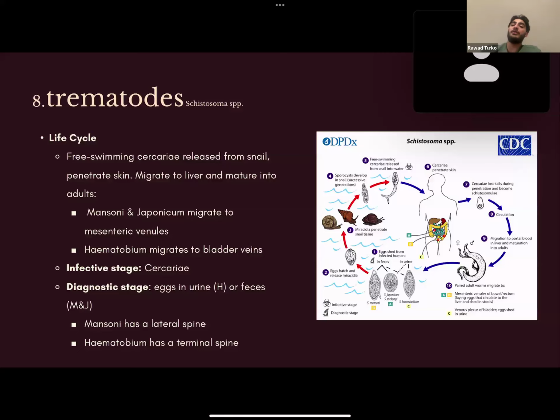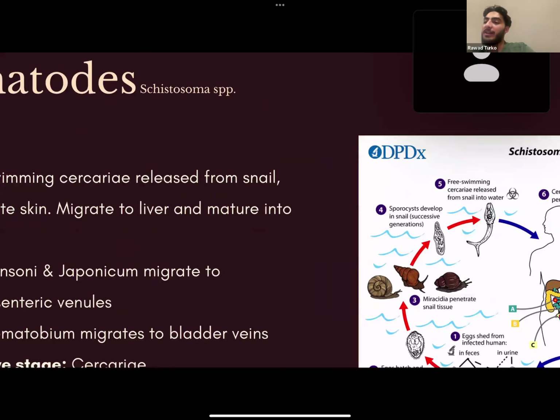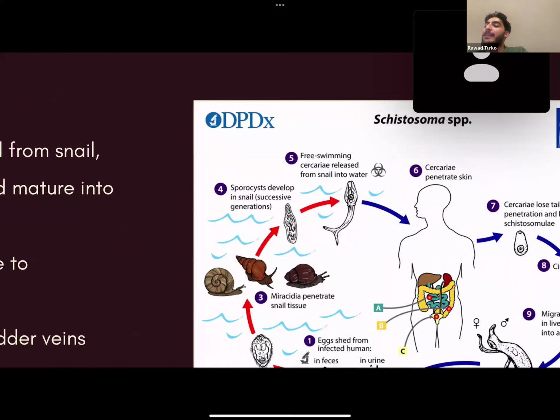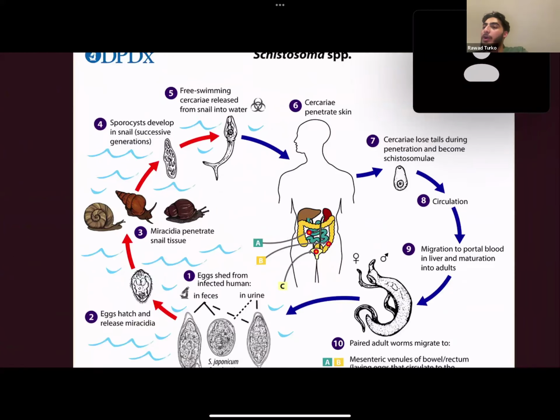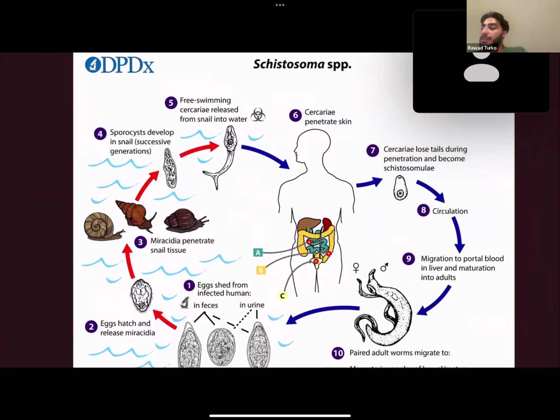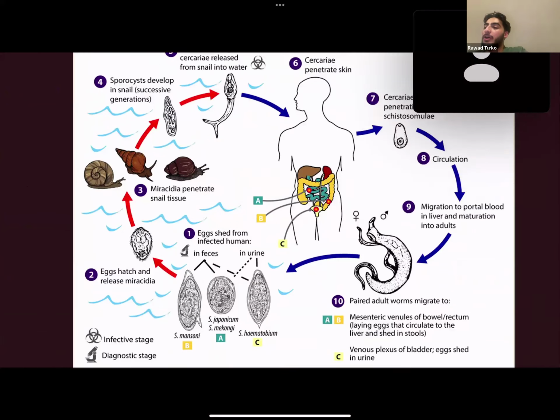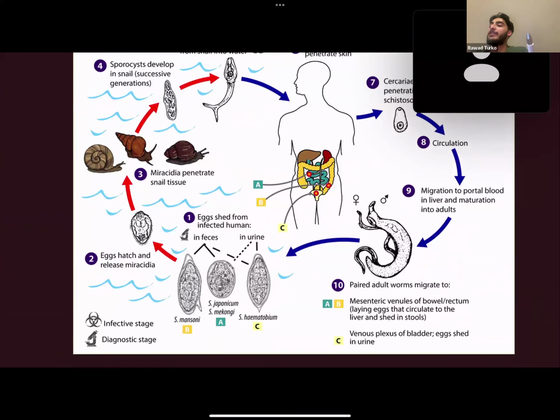You'll find the free-swimming cercariae released from the snail, the intermediate host, and they penetrate the skin, then go into the circulation where they migrate to the portal circulation in the liver and mature into adults. Once they finish maturing in the liver, Mansoni and Japonicum migrate to the mesenteric venules, and Hematobium migrates to the venous plexus of the urinary bladder.